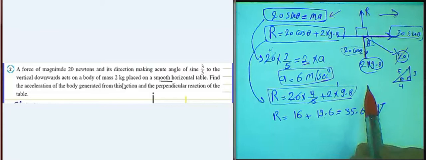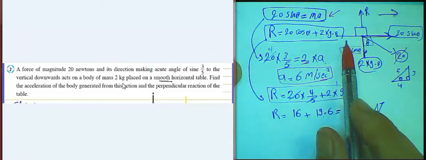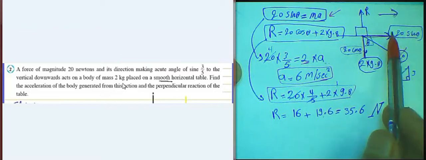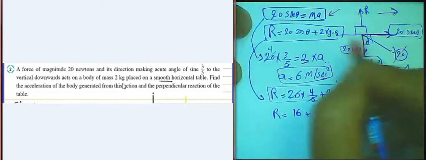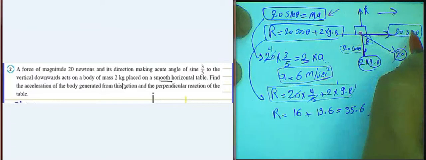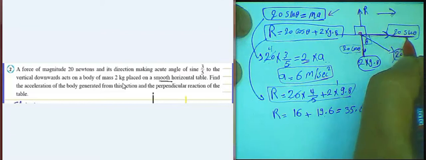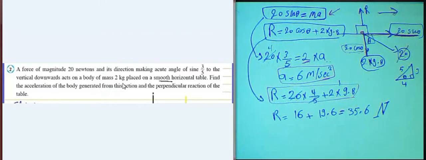It was on a smooth horizontal surface, so we don't have any friction force here. So 20 sine theta equals ma because it's moving. The force acts on this body from left hand side to right hand side, so 20 sine theta equals ma from Newton's law.